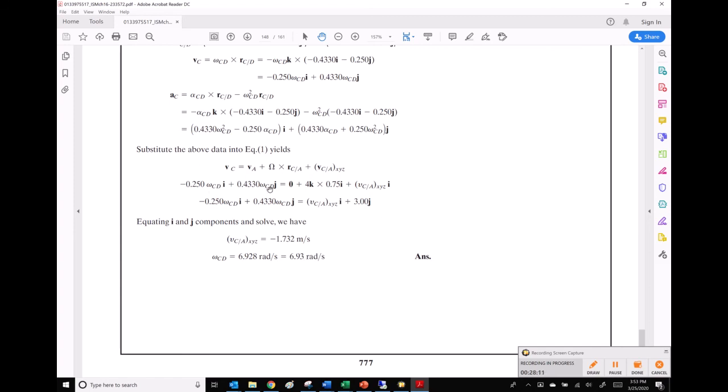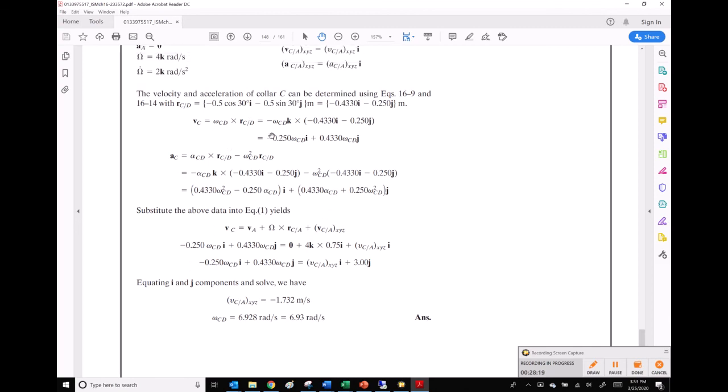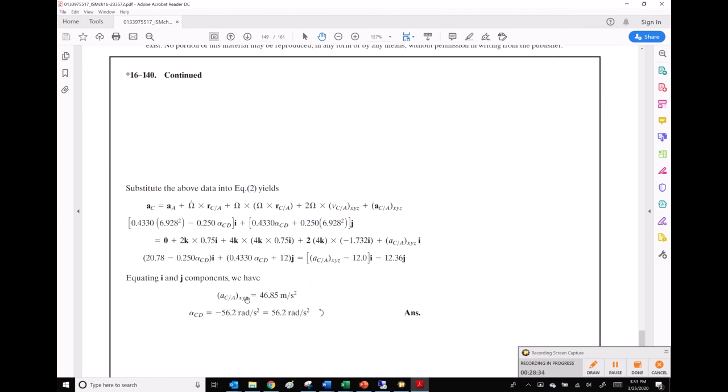You'll notice that's the same idea right here. They equated the i's and the j's here up above. They did this part first, they did it for one bar, and they were able to do that right there. And then down to here, they got the 56.2, and they got that same answer. So everything worked out well.